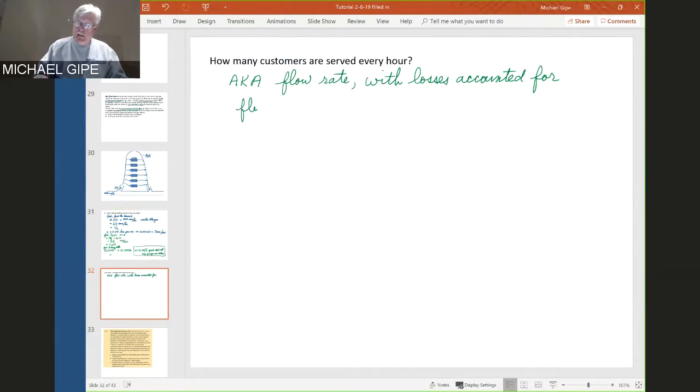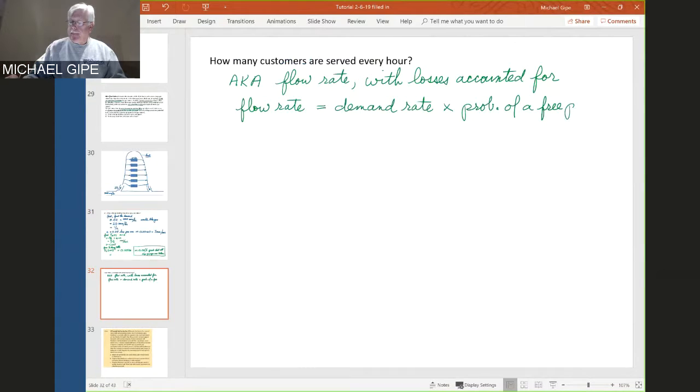So the flow rate equals the demand rate times the probability of a pump being available, a free pump, which is 1 minus the probability of all of them being full. Demand rate is 1 over the inter-arrival time, and the probability of a free pump is 1 minus the probability of loss. That is the probability that all 6 pumps are taken.